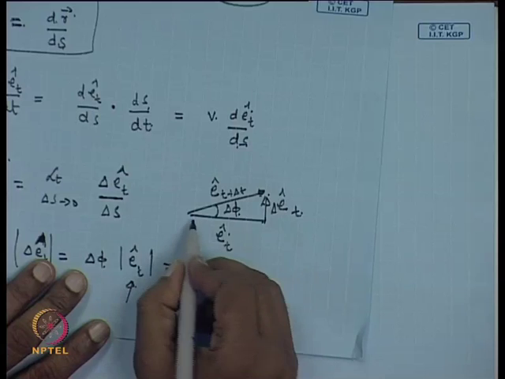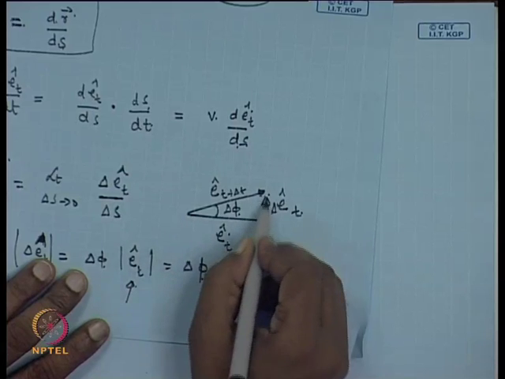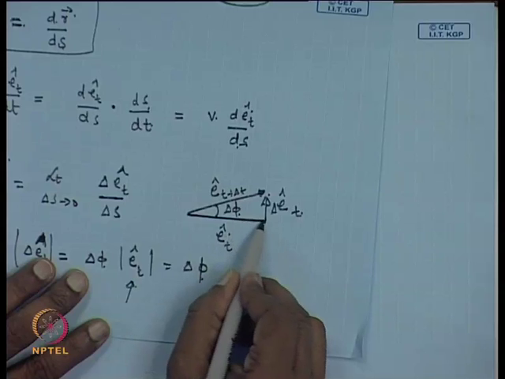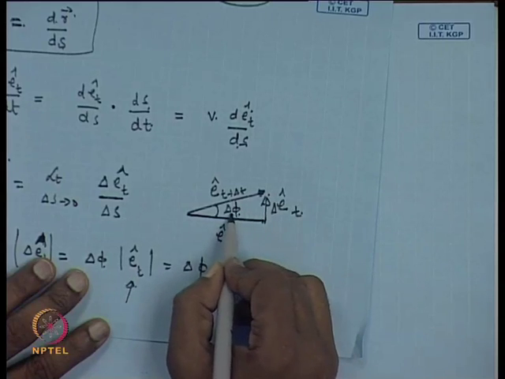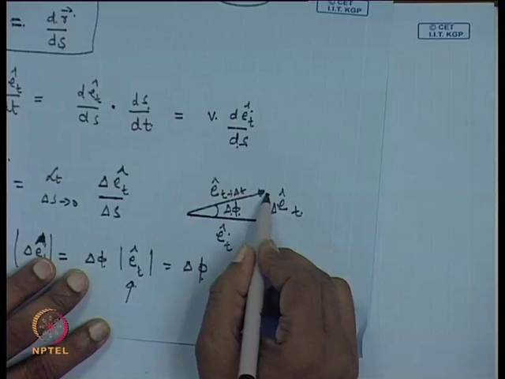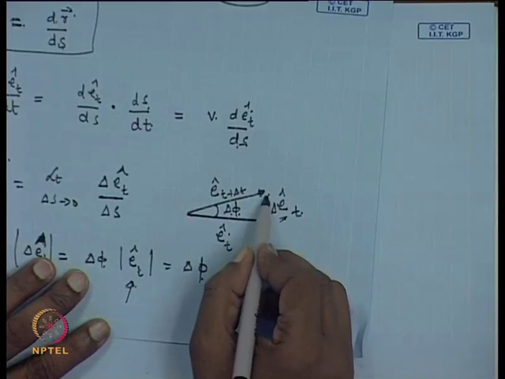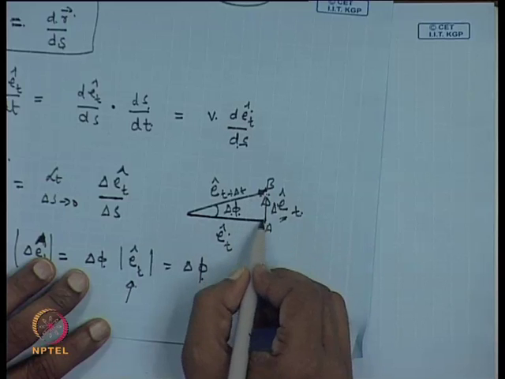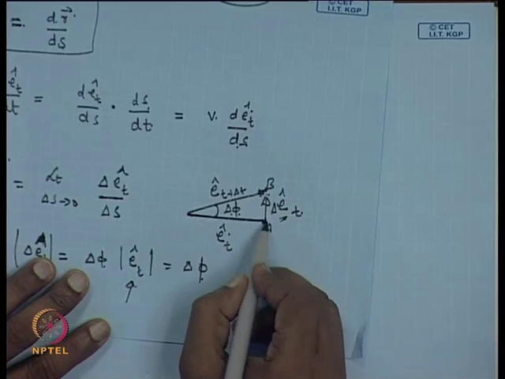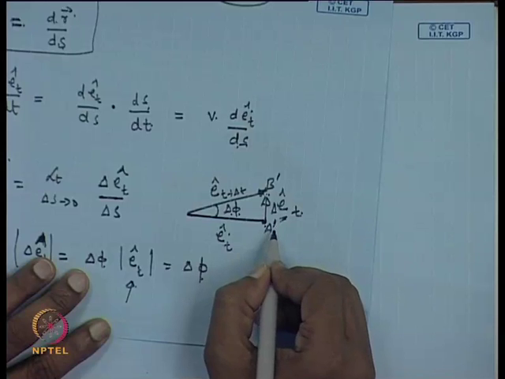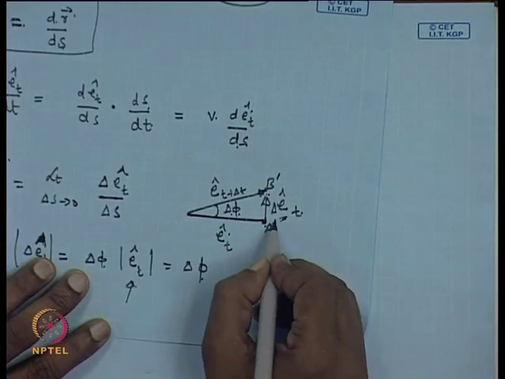And you can see from this place what will be its direction. This direction will be perpendicular, as delta phi becomes smaller and smaller. So, this quantity will also reduce, and as this point, suppose this is B and this is A, approaches here. Here we will write B prime and A prime to distinguish from any earlier notation.